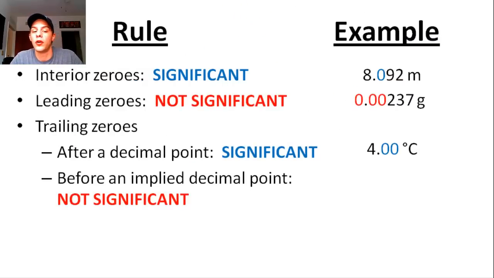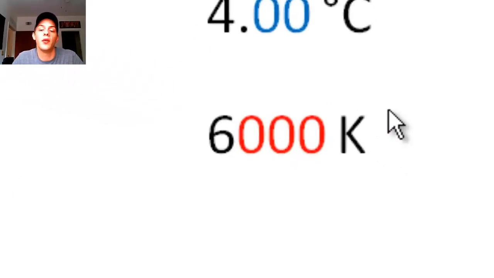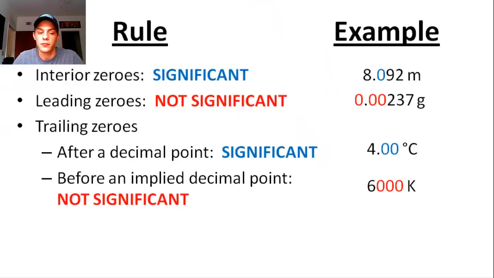If trailing zeros occur before an implied decimal point, then they are not significant. So what do I mean by an implied decimal point? Well, in the number 6,000 Kelvin, there is a decimal point understood to be right here after this last 0, although it is not shown. So if the decimal point is implied but not shown, then the zeros that come before that decimal point, if they're all trailing zeros, are not significant.